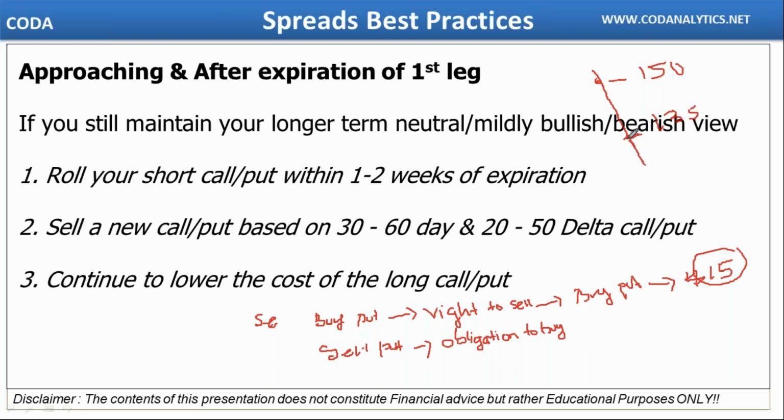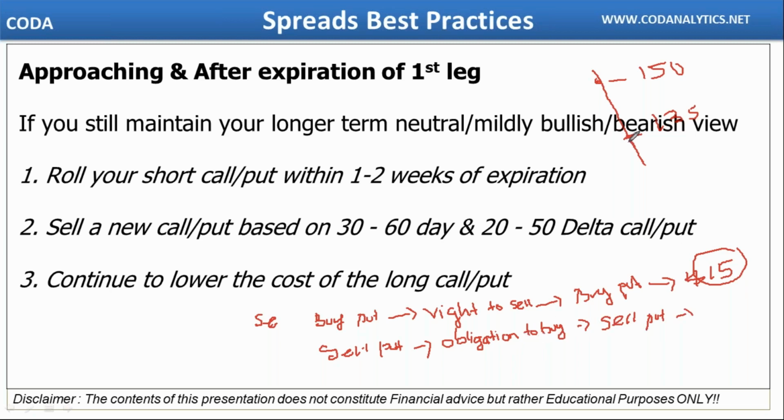So I wouldn't want this case. This is too expensive. So what do I do? I go ahead and sell a put. Out of this sale, I'm obligated to buy at that strike price.